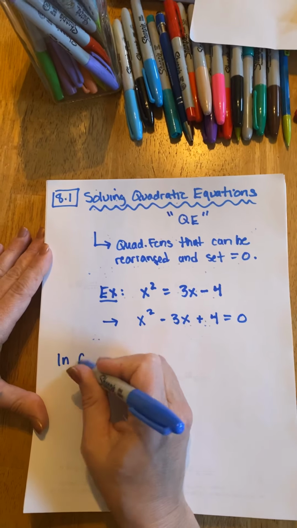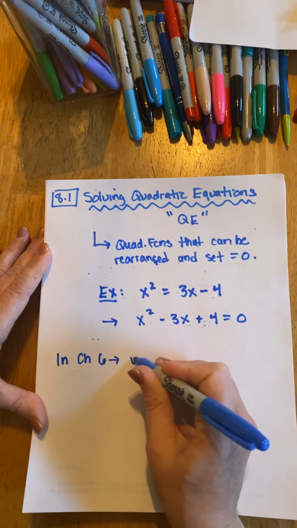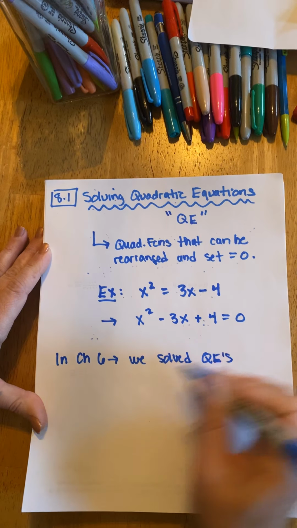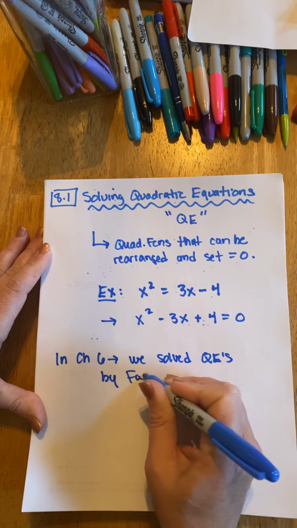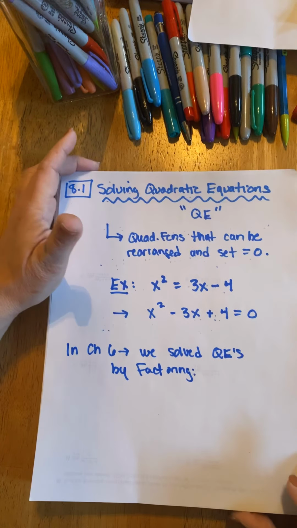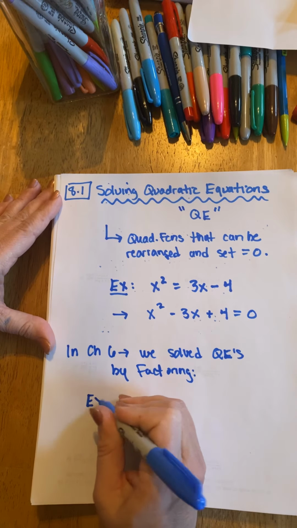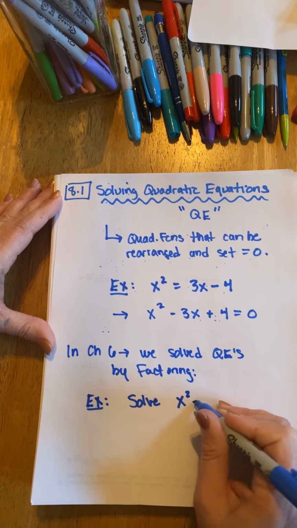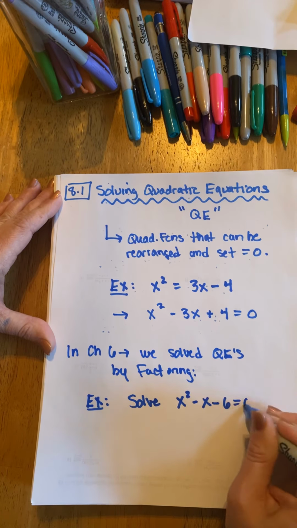In chapter 6, we solved quadratic equations by factoring. So for example, solve x squared minus x minus 6 equals 0.